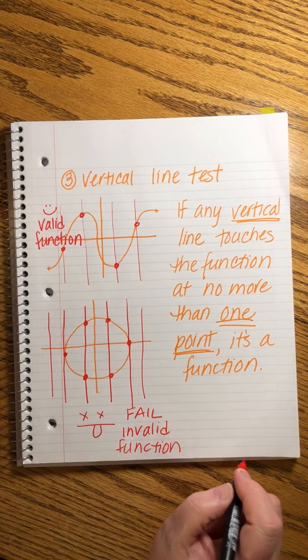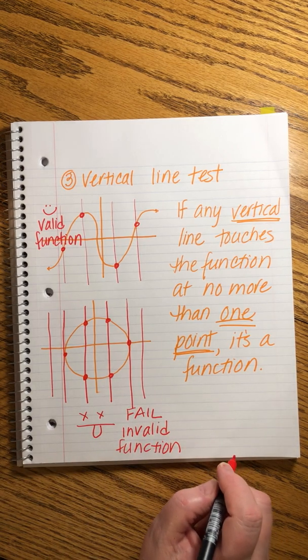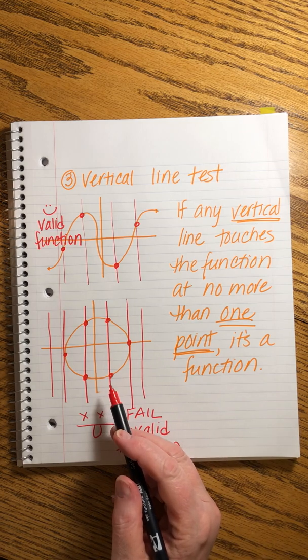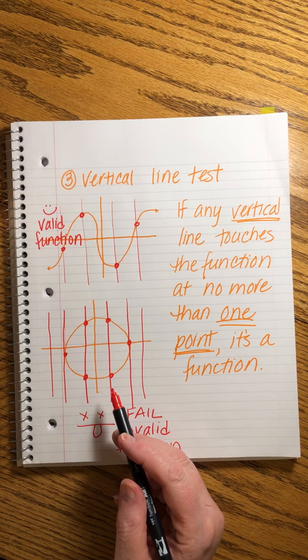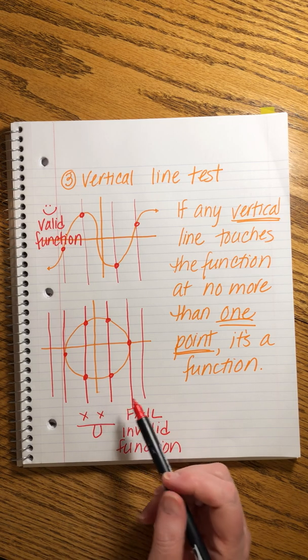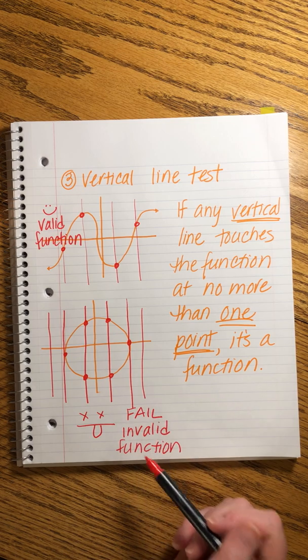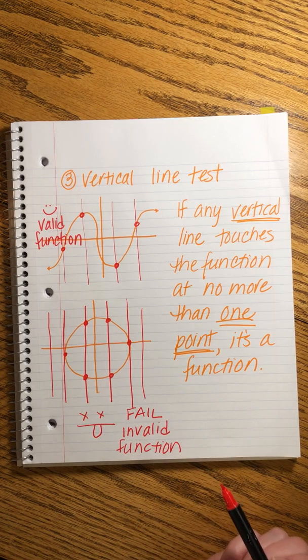It's okay if your brain is a little wobbly on why that's exactly true. I just want to make sure that you understand the mechanics of how to draw the lines and see, do they cross my picture in more than one place? If so, fail.